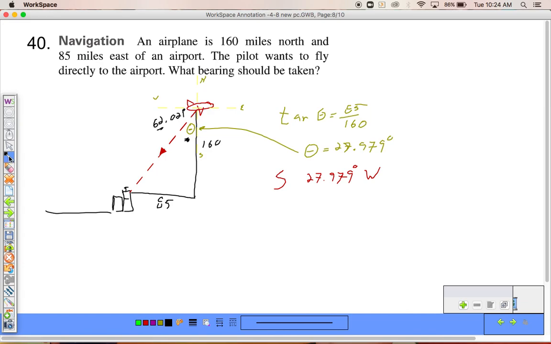I could have also said going west, rotating south, 62.021 degrees south. Both are going to be right. I found this angle, so I went south then west. If you drew your triangle differently and found this angle, you're going to go west then south. Both of these are the same, and both of them will work.